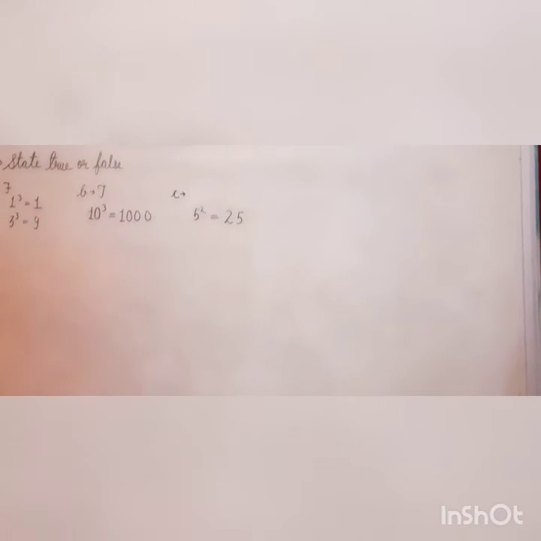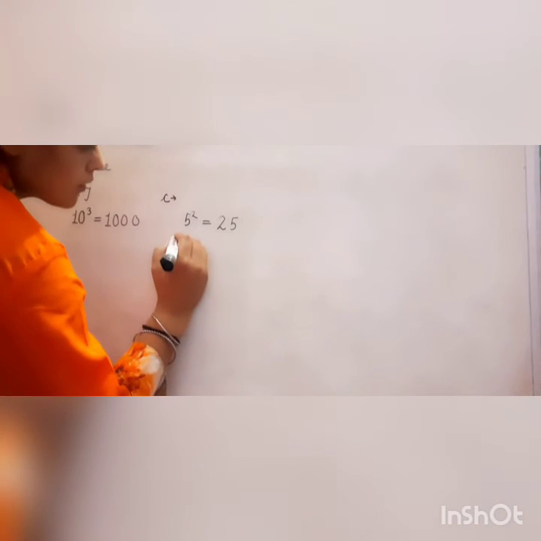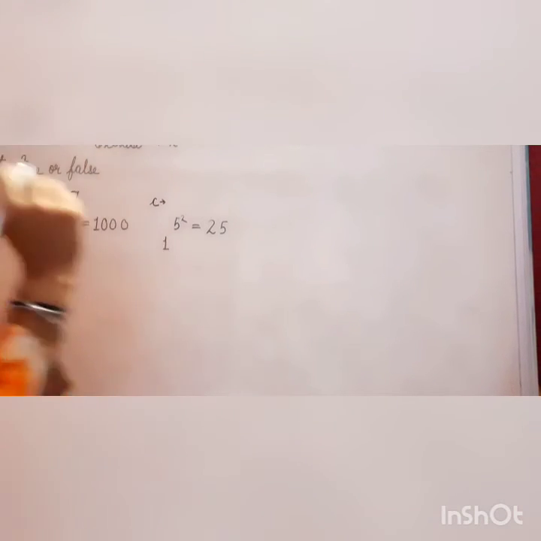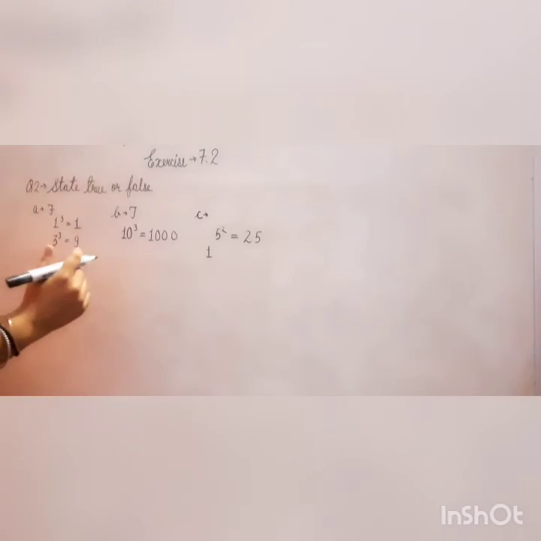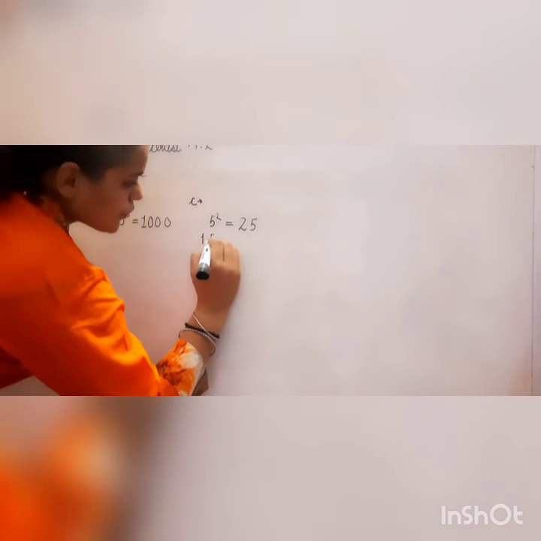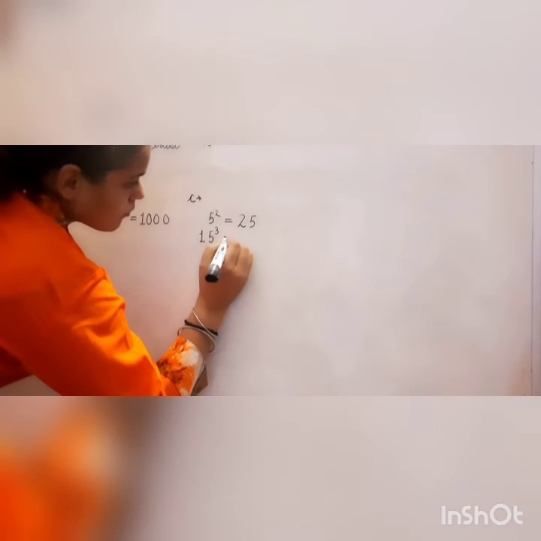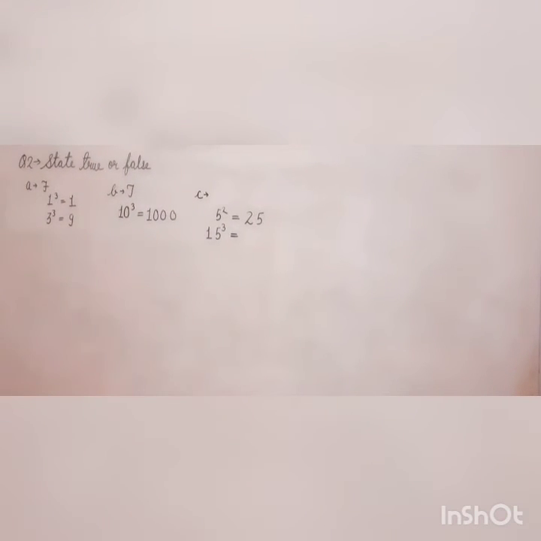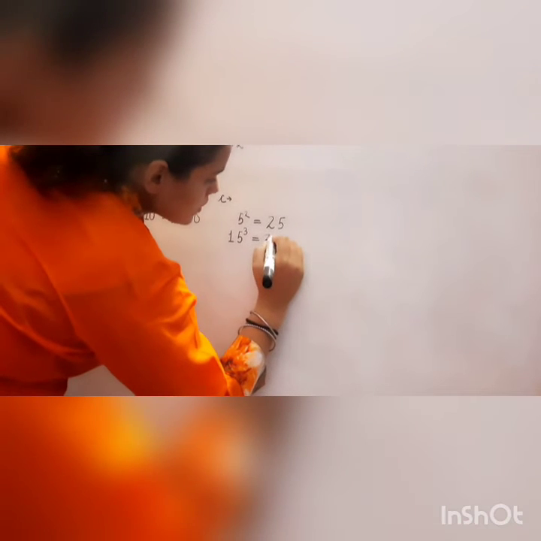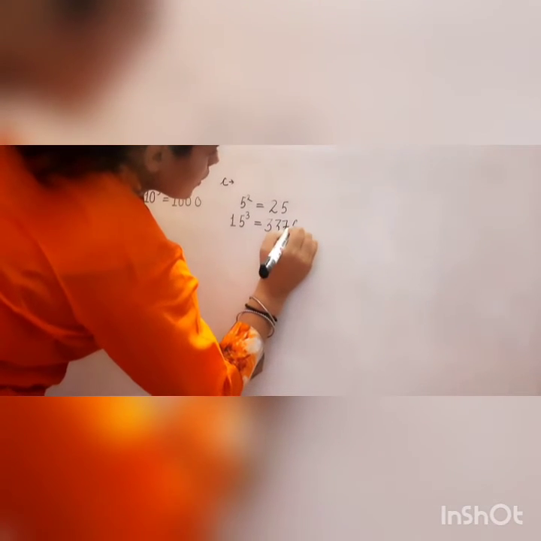But when you multiply 15 by itself 3 times, it will come 3375.